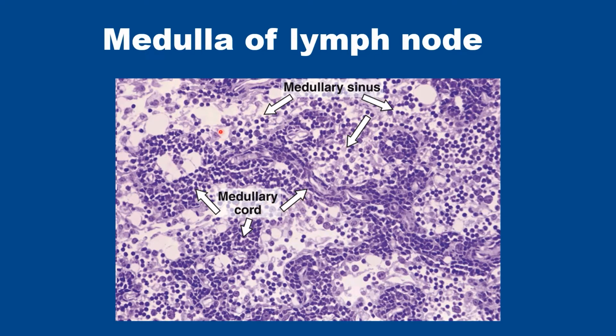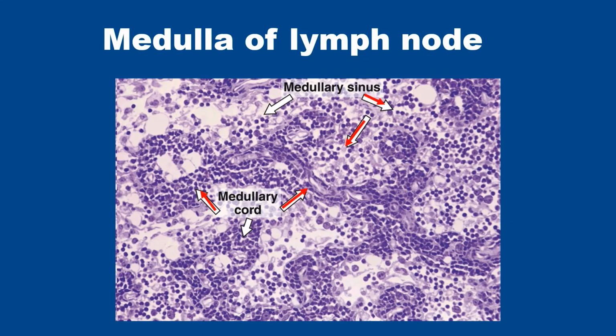In between these spaces are the medullary sinuses. These medullary sinuses receive lymph from the paracortical sinus, and those sinuses are continuous with the medullary sinus. There is a connection between the paracortical or subcapsular sinuses and the trabecular sinuses, then it enters into the medullary sinuses.